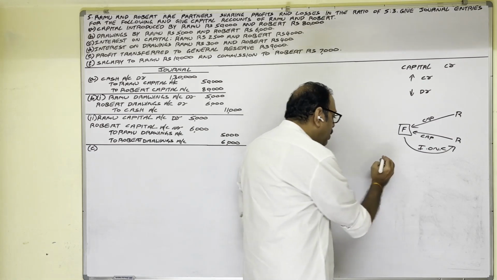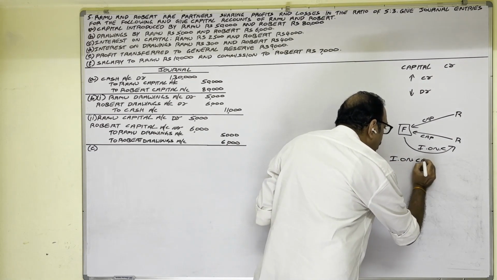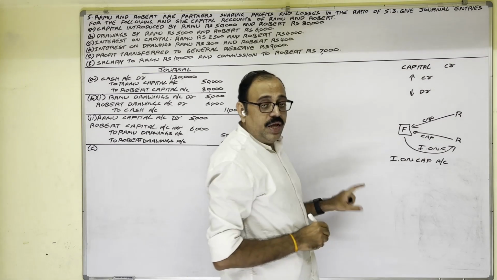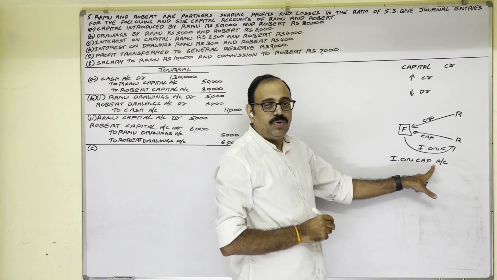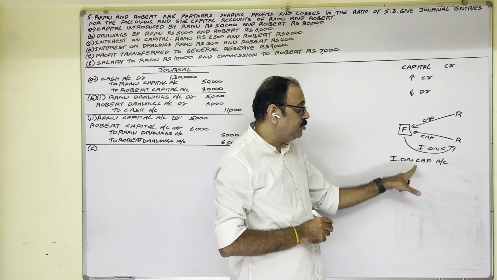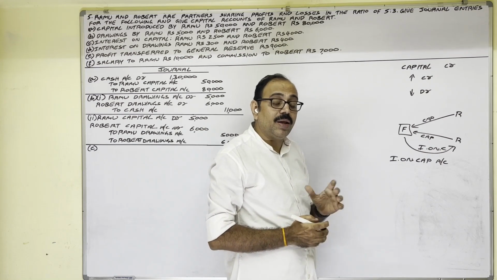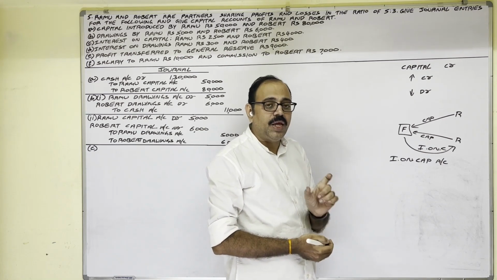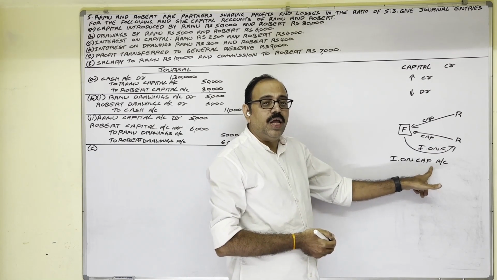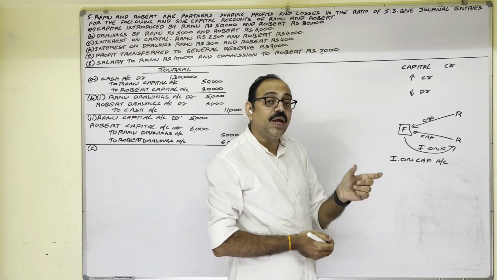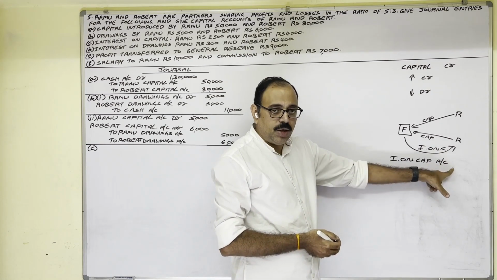So one account is the interest on capital account. Then the interest on capital account is a nominal account, because to the firm this is an expenditure now. With expenditure name, loss name, income or gain names, if you open any account, that is a nominal account. Nominal account rule: debit all expenses and losses, credit all incomes and gains. So this is an expenditure, means we should debit.